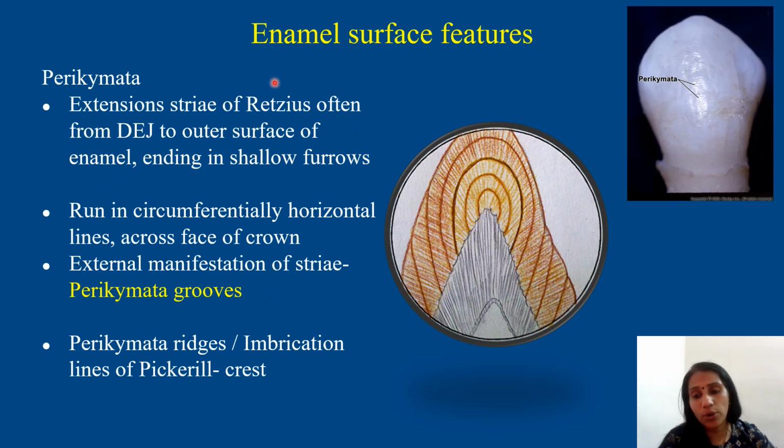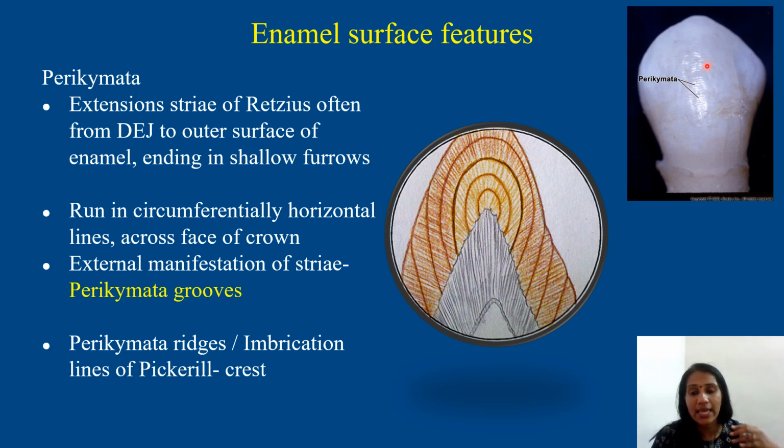Now looking in more detail at these surface structures, aprismatic enamel has already been discussed, so we'll go into the other structures. The first one is perikymata. If you see the surface of the enamel, it has small lines on it.